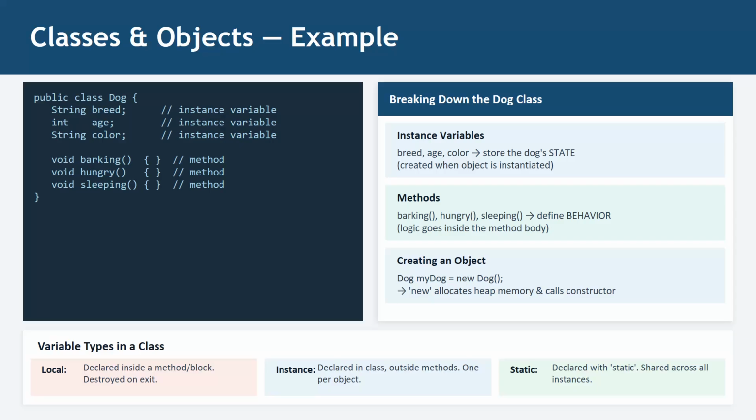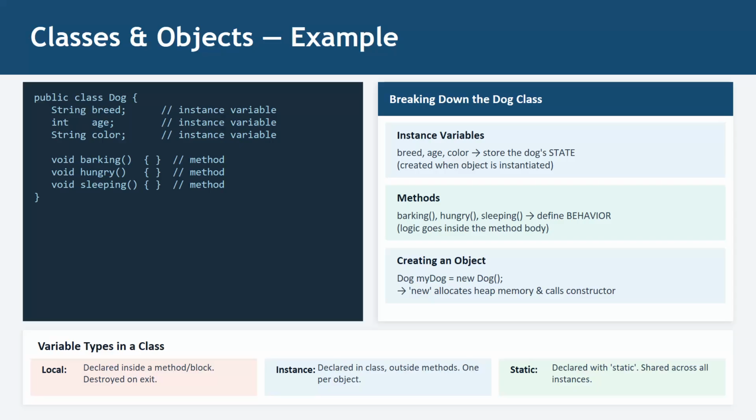Now, breaking down this Dog class, instance variables such as breed, age, and color are used to store the dog's state. When you create the object as an instantiated value, you need to state the age, the color, and the breed.